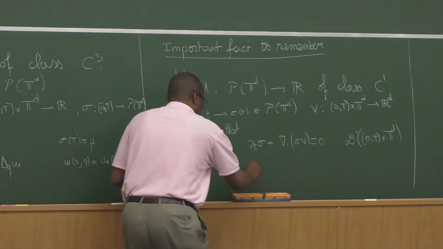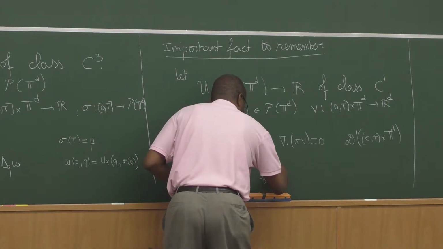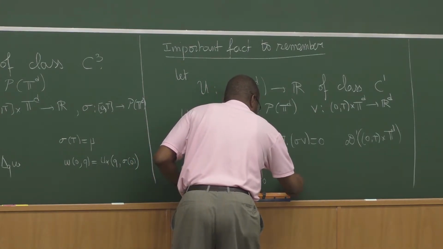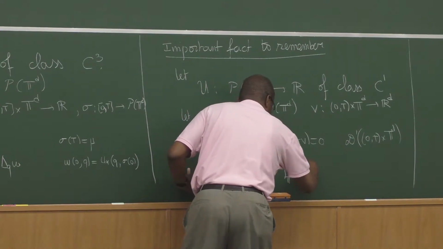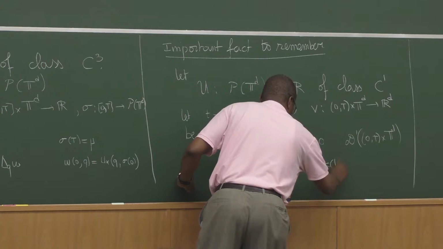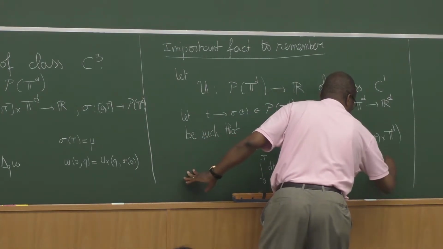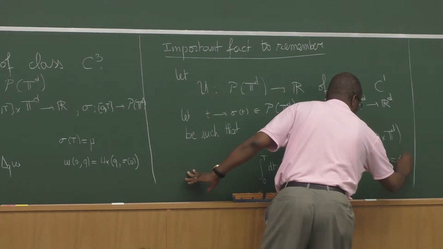And the integral from 0 to T dt, the integral on the torus of v of t x squared sigma t dx is finite. So here sigma t means sigma of t.